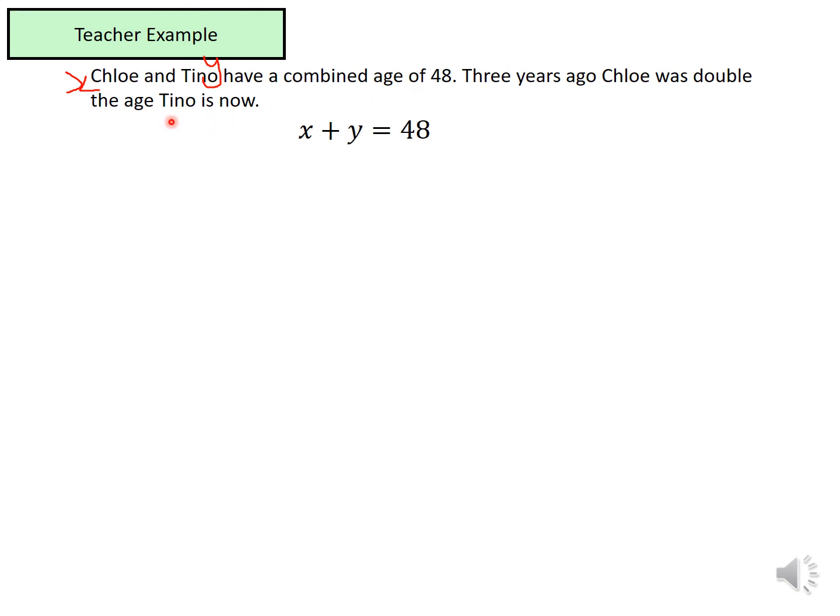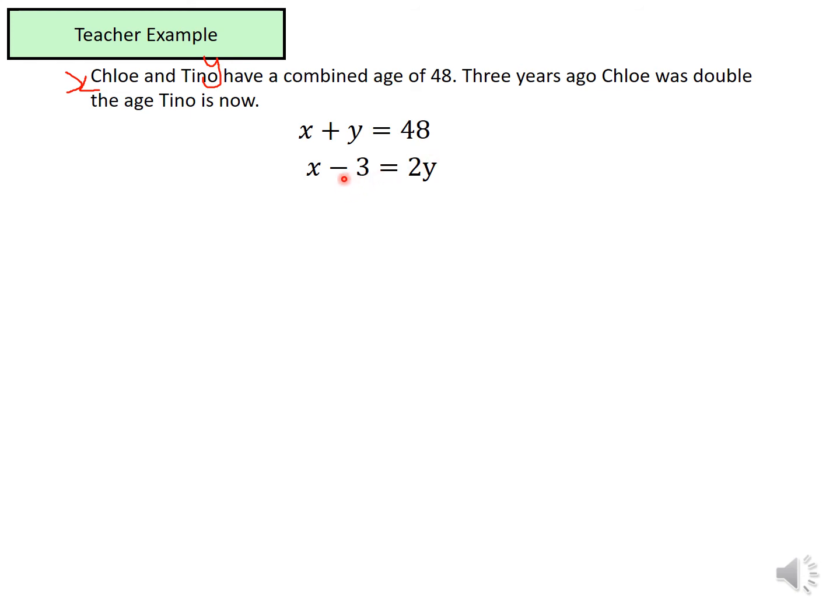So we're not going to change Tino's age. y is going to stay as y, but x is going to be x minus 3. So x minus 3, that's 3 years ago, the age of Chloe was equal to twice the age of what Tino's age is now. Let's do a little bit of rearranging.